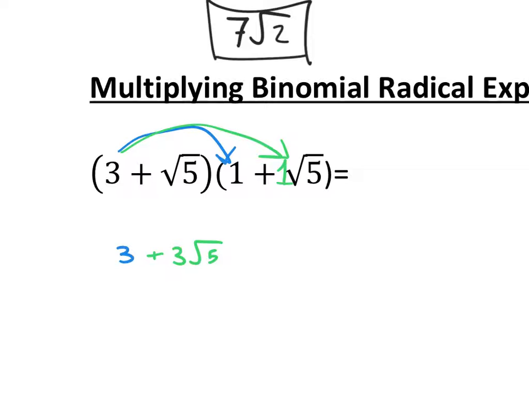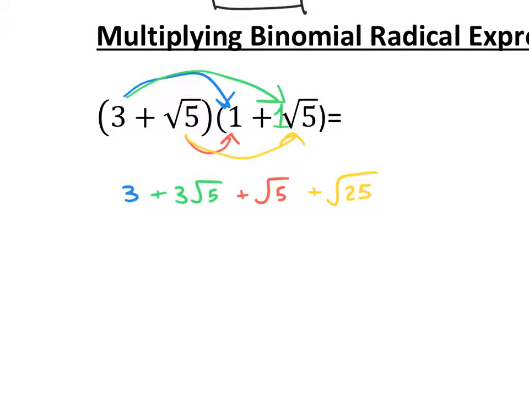So we get a 3 times square root of 5. Here we have a square root of 5 times 1. And then here, square root of 5 times square root of 5. Remember that when two things are multiplying and they're both square roots, what you're really doing is multiplying those inside pieces.